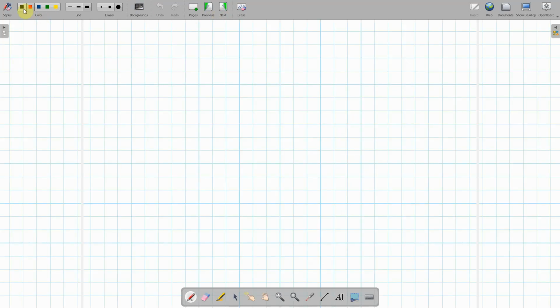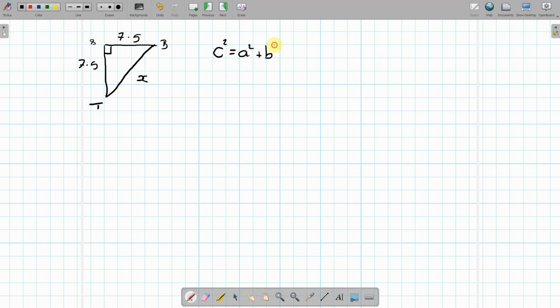So if I draw the triangle by itself, it'll make it clearer to see what's going on. So this was 7.5, 7.5, right angle triangle, and this was X, because this was T, this was B, and I think this was S. So Pythagoras equation, C squared equals A squared plus B squared.